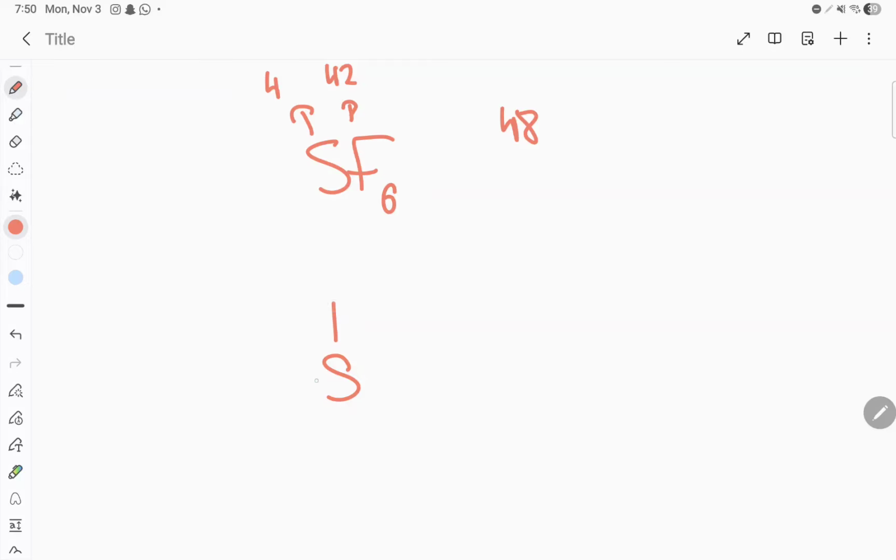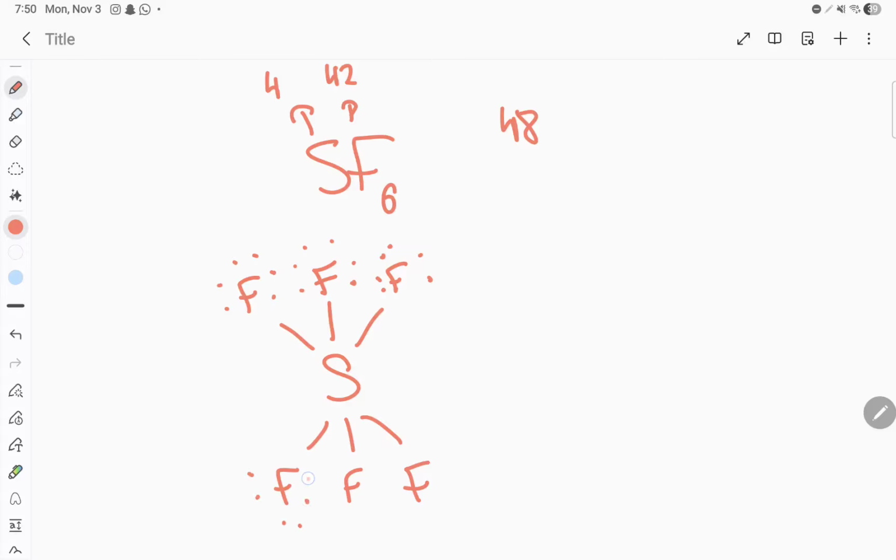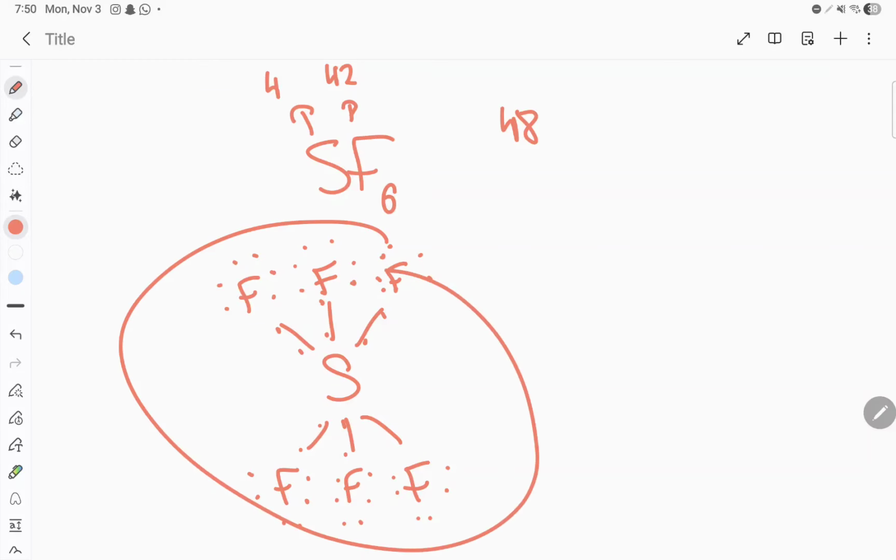S in the middle, it's supposed to be drawn with 6 F's around it. Then you count the electrons: 1, 2, 3, up to 36, then 37 up to 48. And this is correct. And that's it for our exceptions.